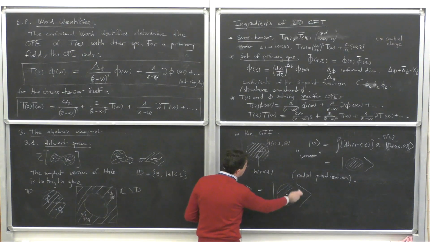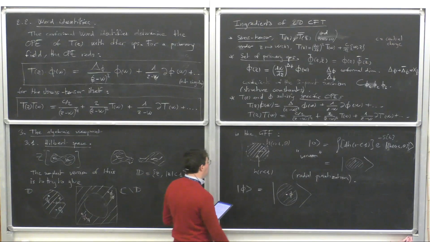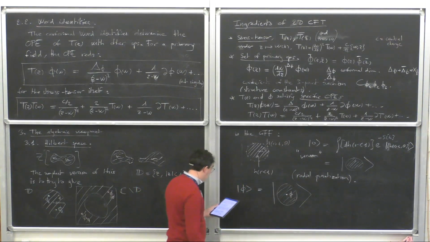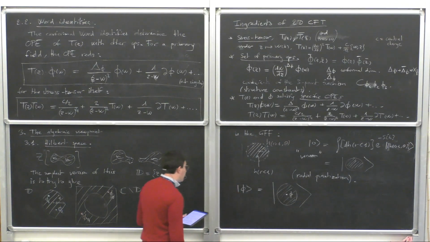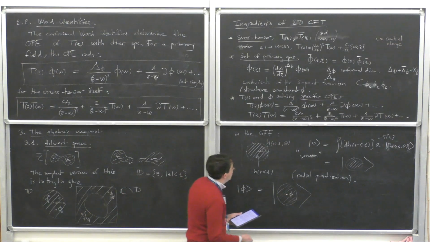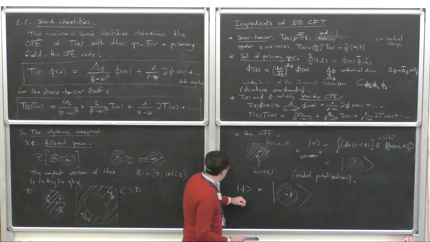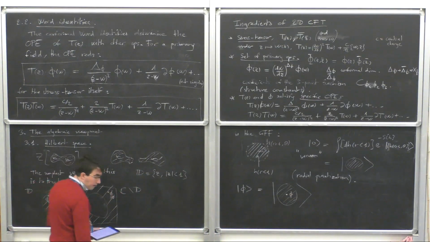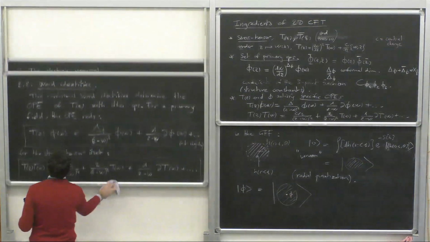This gives some weight to all the configurations along the circle, along the boundary, and this is a state. We define this as a state in the Hilbert space, in our Hilbert space. Okay, so now we have defined a few states: the vacuum, states associated to primary fields. But there are many others, infinitely many others that we can define.